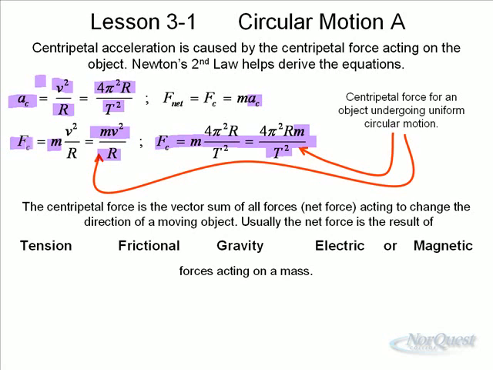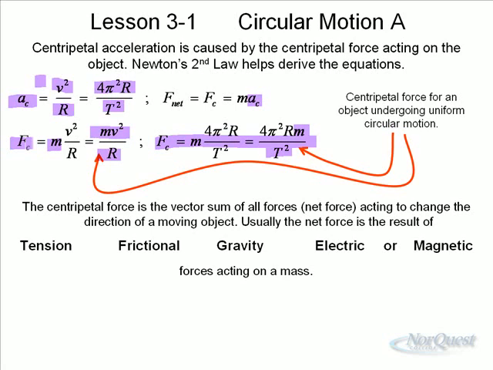Gravity, of course, causes centripetal motion. The Earth revolves around the sun. The moon revolves around the Earth. We have lots of satellites out there sending us all kinds of images. Those satellites are in orbit because the gravitational force of attraction keeps them going in a circular orbit.